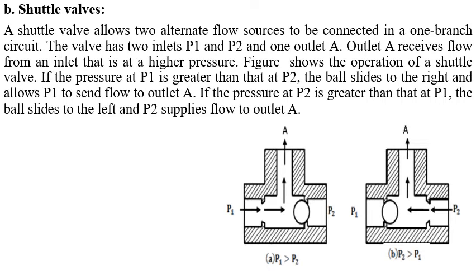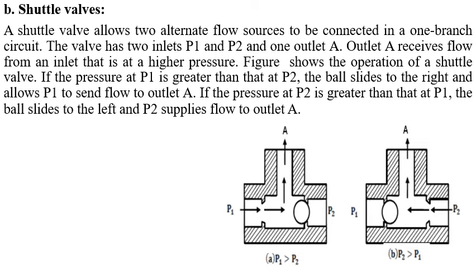The valve has two inlets, P1 and P2, and one outlet, that is A. Outlet A receives flow from whichever inlet is at high pressure. Look at figure A. In this case, P1 is greater than P2.